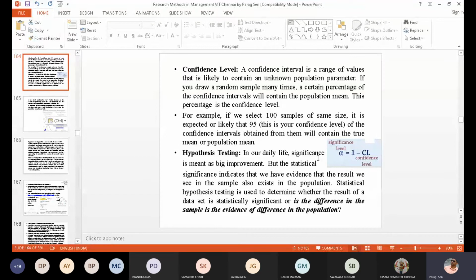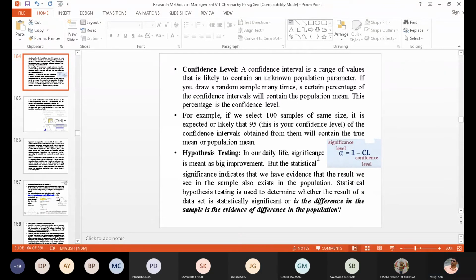But statistical significance indicates that we have evidence that the result we see in the sample also exists in the population, and statistical hypothesis testing is used to determine whether the result of a data set is statistically significant.